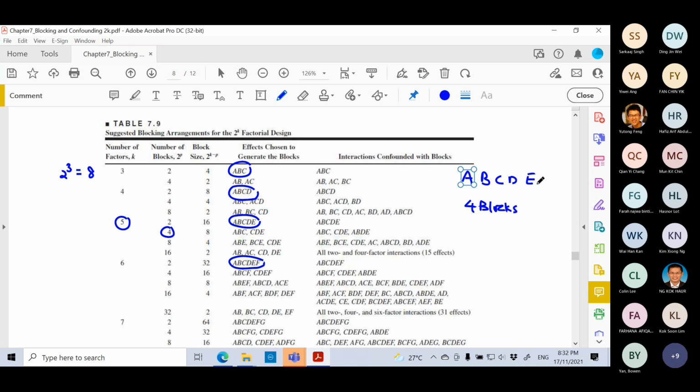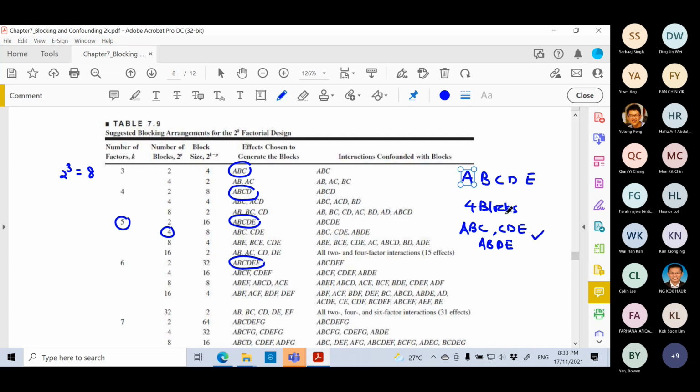So we can choose any combination. Normally we will go for a high order level. We choose ABC, let's say, as the first one. I choose another one, which can be CDE. Yes. Okay. So the interaction of these two should be A, B, D, E. So you can choose this one to generate your blocks, to consider as the effects to be confounded.